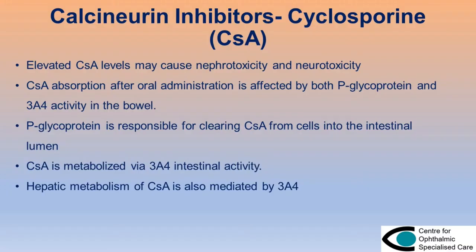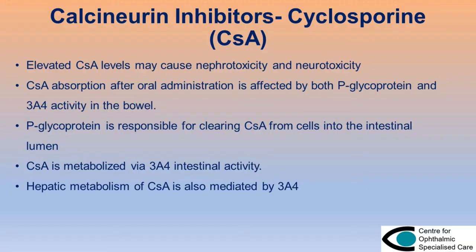We have to remember that cyclosporine can cause nephrotoxicity and neurotoxicity. That's why it's important to control it and avoid elevated levels of this drug in our system. The absorption of cyclosporine is affected by both the P-glycoprotein and the 3A4 enzyme.